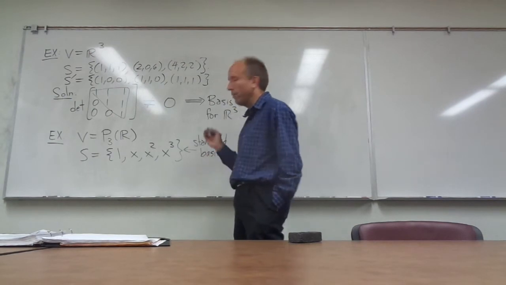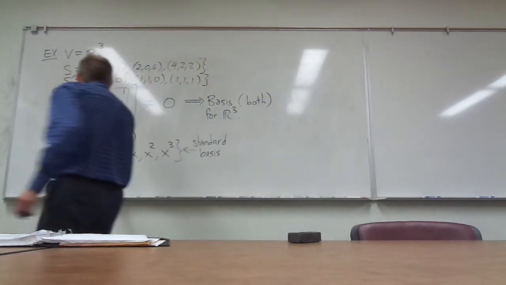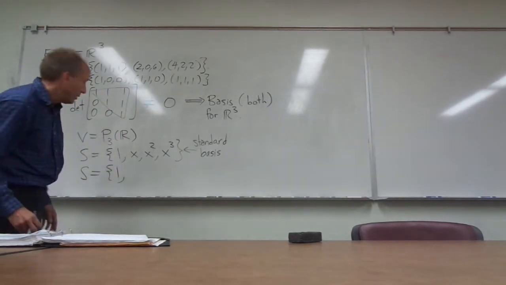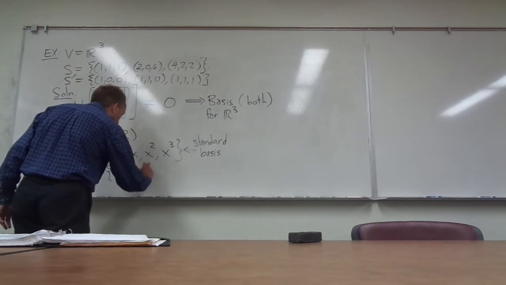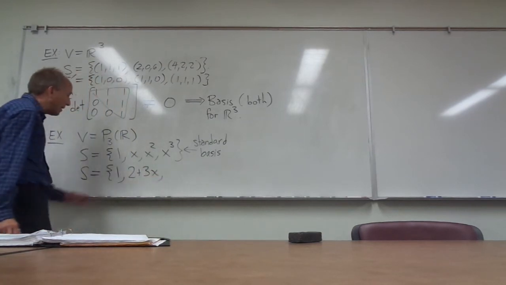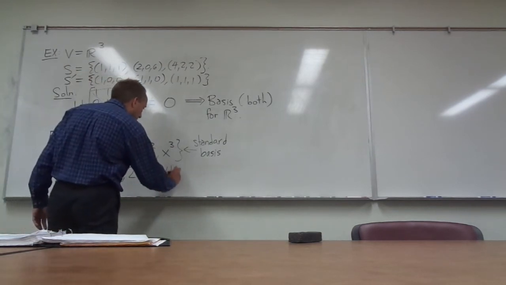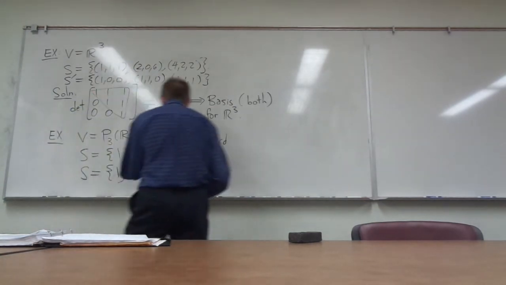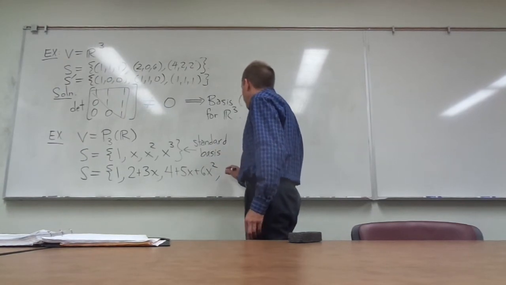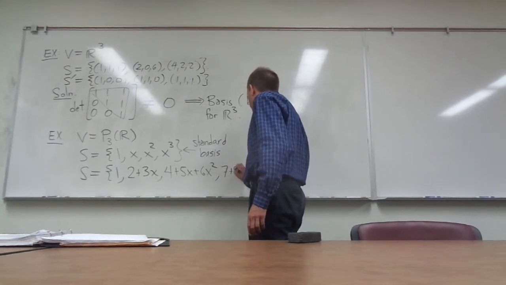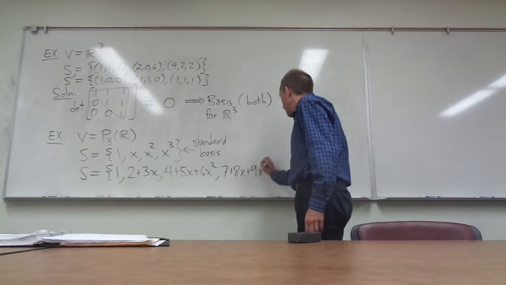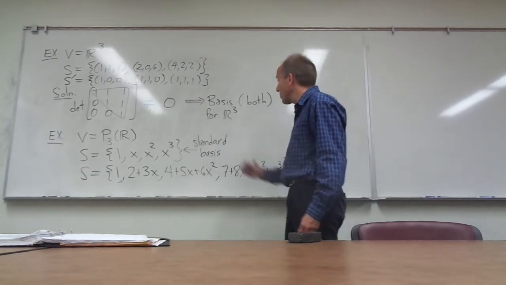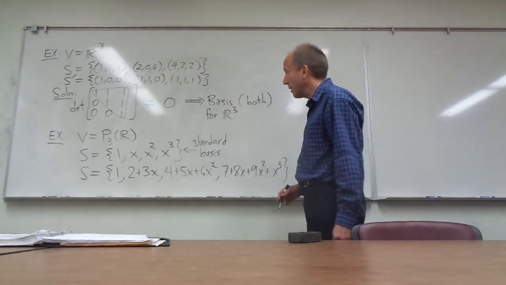But you can check that the following set, which I actually did as an example in the past, is also a basis: 1, and then 2 plus 3x, and 4 plus 5x plus 6x squared, and 7 plus 8x plus 9x squared plus x cubed.